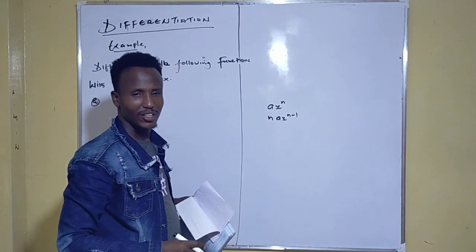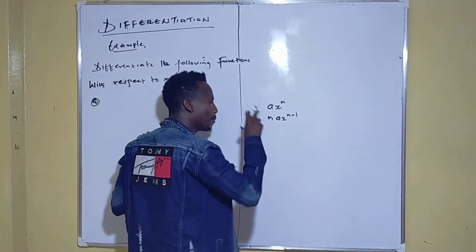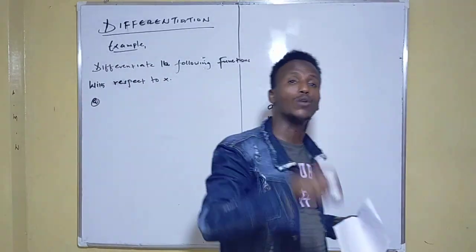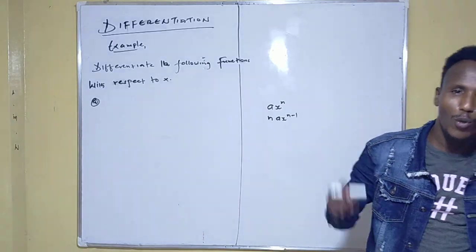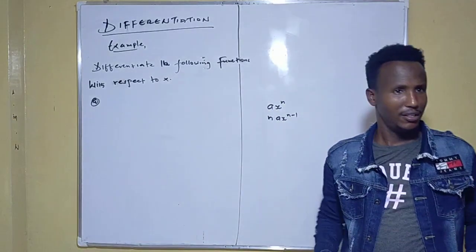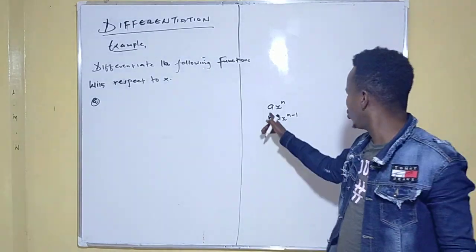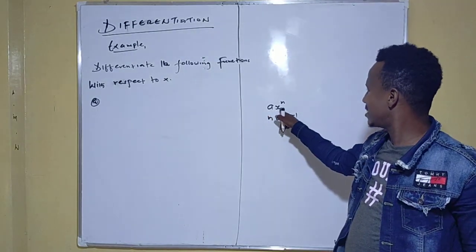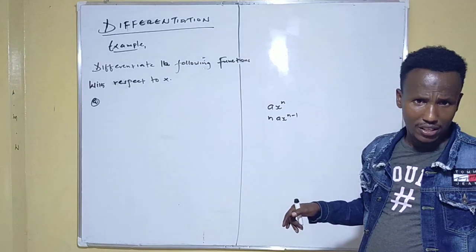Look at that. We are multiplying by the power and subtracting 1 from the power. Just understand that. It's very easy.